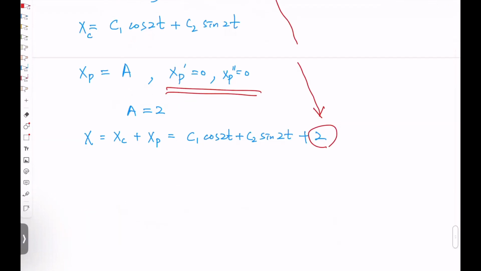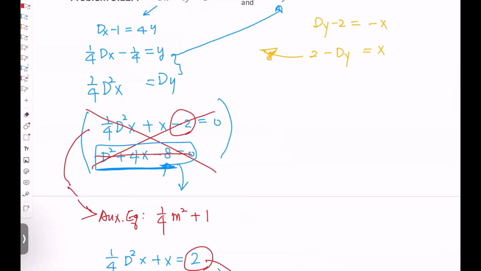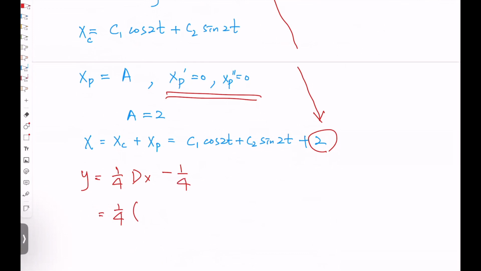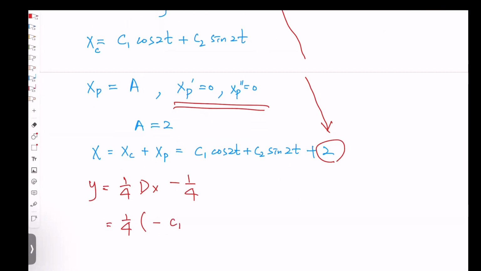So now we need to get the y. So y equals 1 over 4 dx minus 1 over 4. If we differentiate this x, we're going to have negative c1 sine 2t times the derivative of 2t, which is 2, plus c2 cosine 2t times 2, and then the derivative of 2 goes to 0.